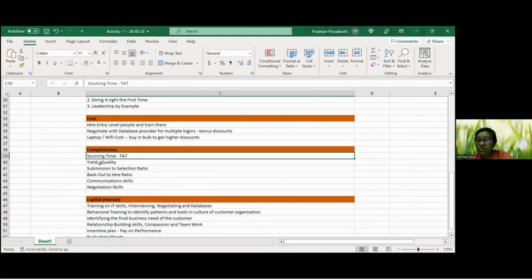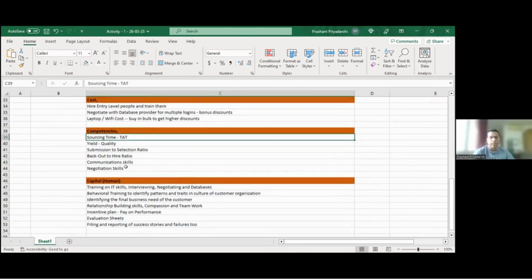You might be looking for IT, you might be looking for certain technologies. This is that recruitment funnel yield, right? Yes, ma'am. The basic competencies are sourcing time, yield, quality, submission to selection ratio. These are the metrics, along with communication skills and negotiation skills with candidates. You can have a target and then the percentage to be met.